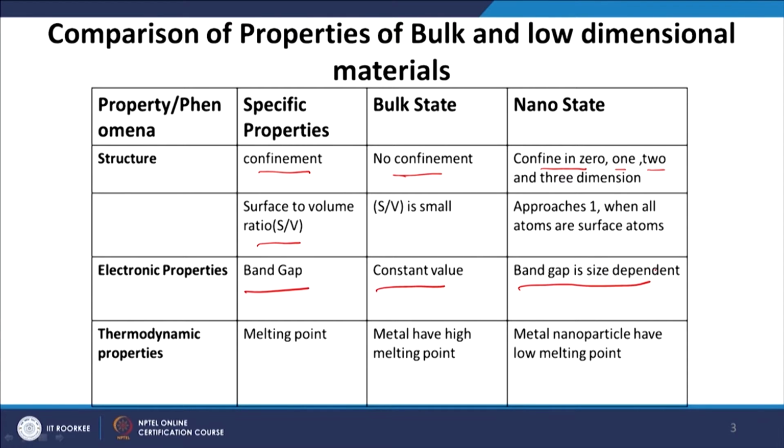So, what does it mean? Let us say I have bulk titanium dioxide, the band gap value is 3.2 electron volt, whereas if I make a titanium dioxide of 100 nanometer and if I make a titanium dioxide of 10 nanometer, there will be a significant change in its band gap.